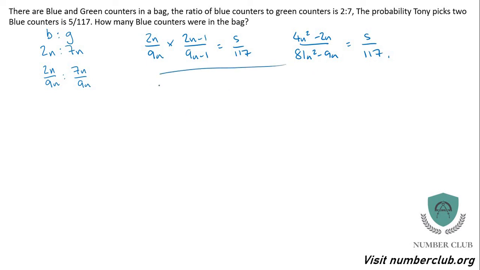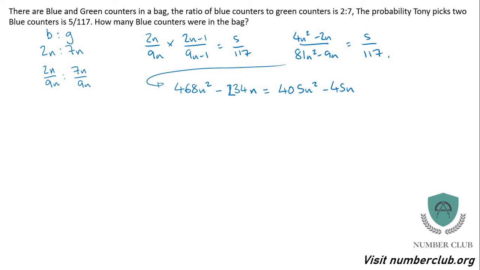So we'll go to 468n squared minus 234n is equal to, we've got 81n squared minus 9n multiplied by 5, which is going to be 405n squared minus 45n.